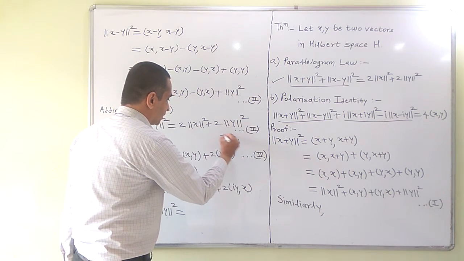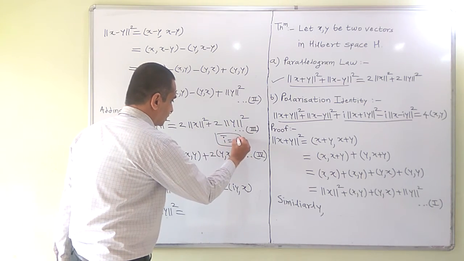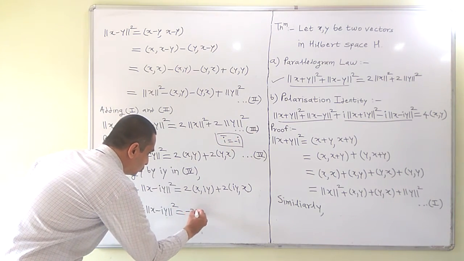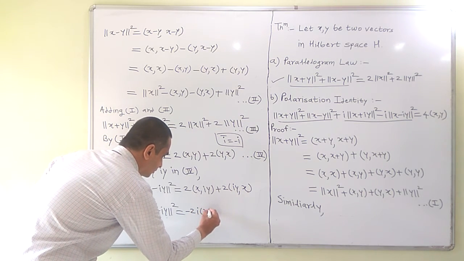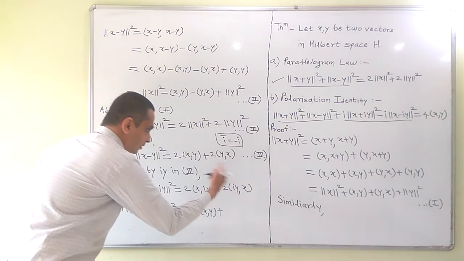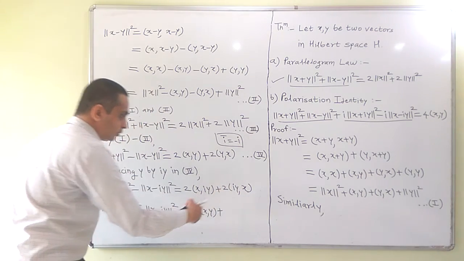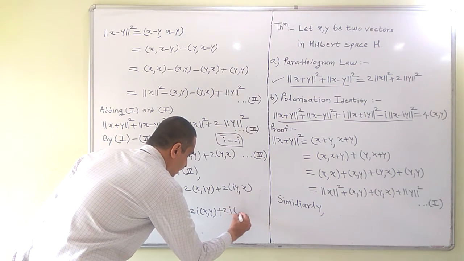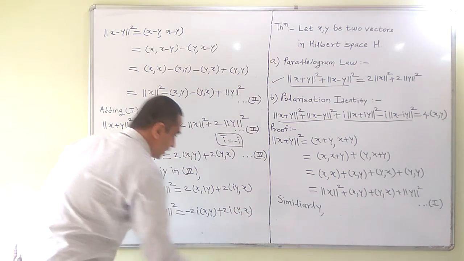It is nothing but minus i. So this will become minus 2 times i inner product of xy plus, I will take i outside here, there will be no conjugate as it is in the first term, so plus 2 times i inner product of yx.